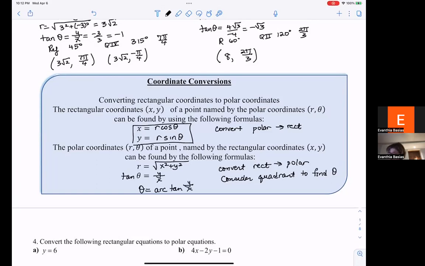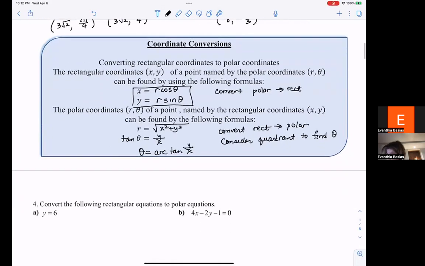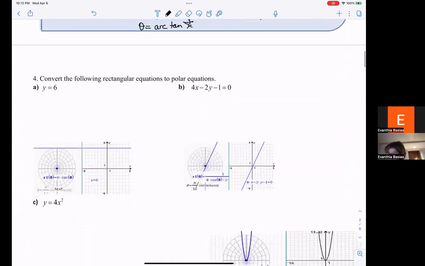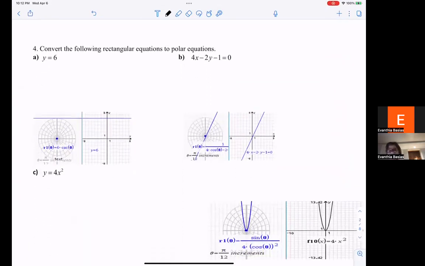All right. So let's use these ideas to do a little bit of conversion of equations. I've got 3 equations here. The first is a horizontal line, which is graphed here, and also on the polar grid. The next is another line, which is also graphed on the polar grid.